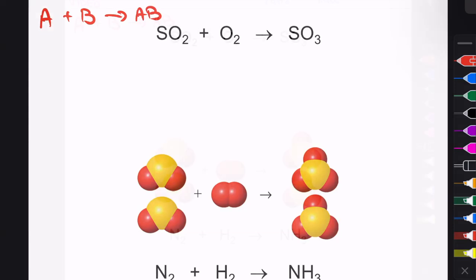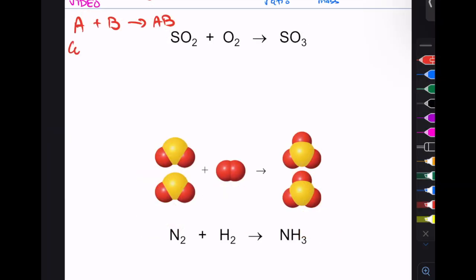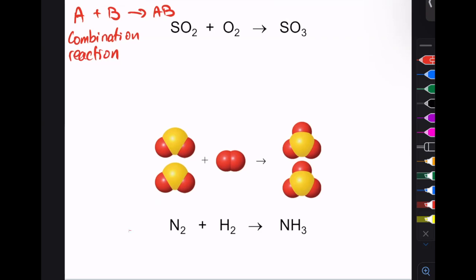Just in a general sense, it's what we call a combination reaction. Here's another one down below. Molecular nitrogen reacts with molecular hydrogen to form ammonia. That's also a combination reaction.